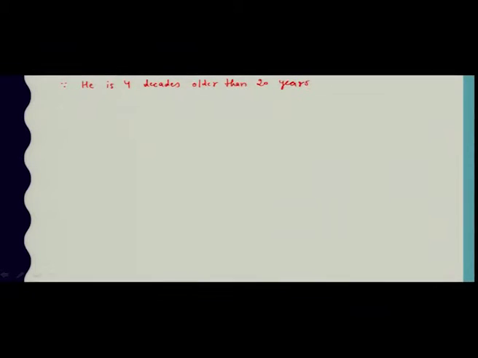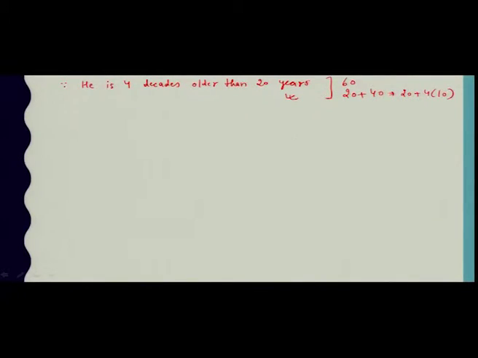I hope you have understood this fact. It is like that, the 60 will be how much? 20 plus 40, and 1 decade consists of 10 years. So this can be as 20 plus 4 times 10.